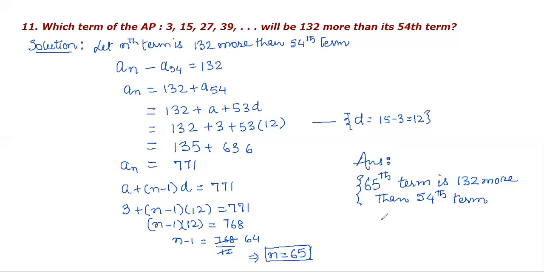And if somebody asks what is A65, you have already calculated it, it is 771. 771 is 132 more than the 54th term. You may check your answer, calculate A54. A54 you have calculated here. This is 636. So you may check your answer.